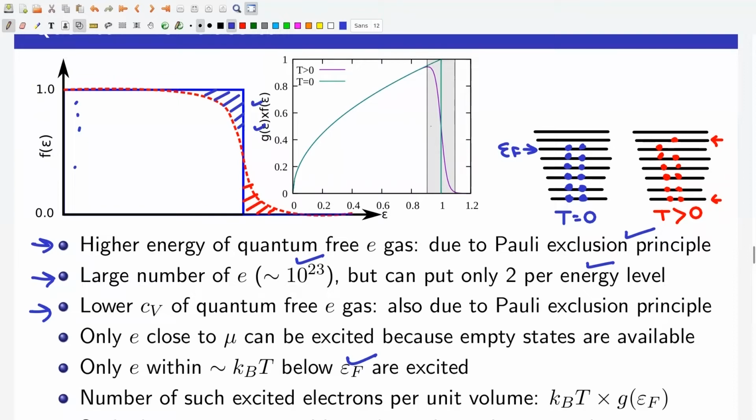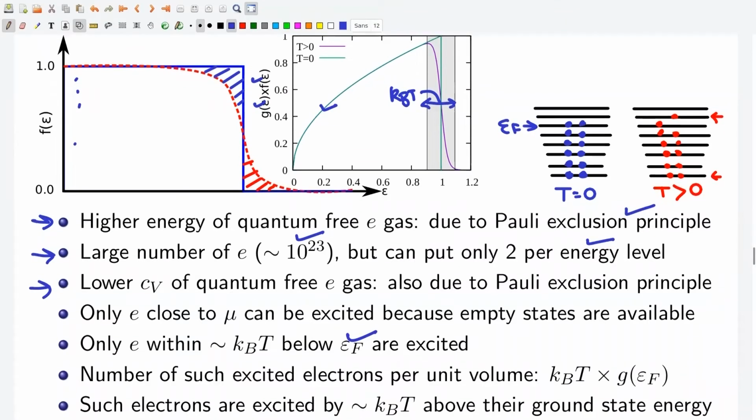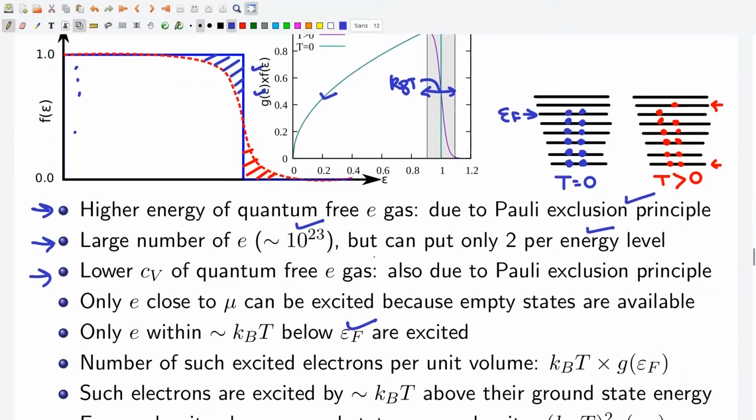In most other regions, the ground state and excited state curves coincide with each other, and only in this region they are different. So if we can find the number of electrons within this shaded region, which has an energy width of kBT, then we know how many electrons are getting excited.